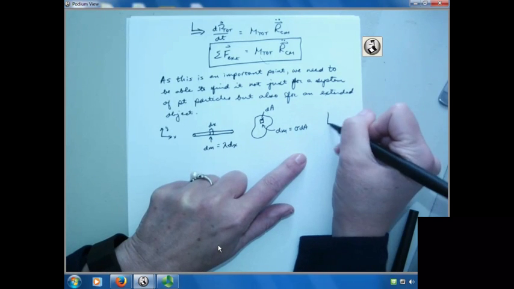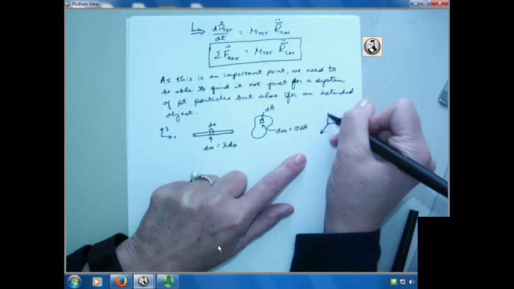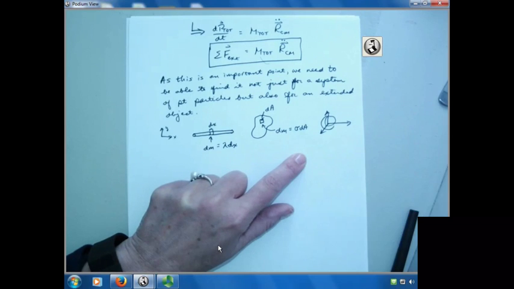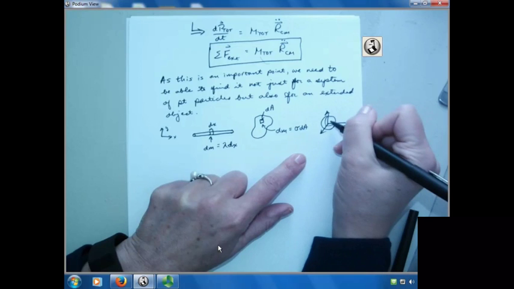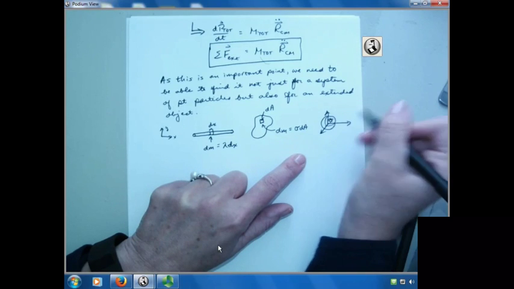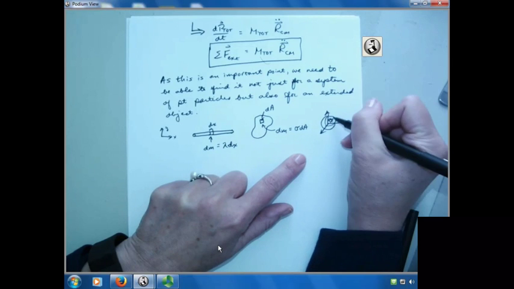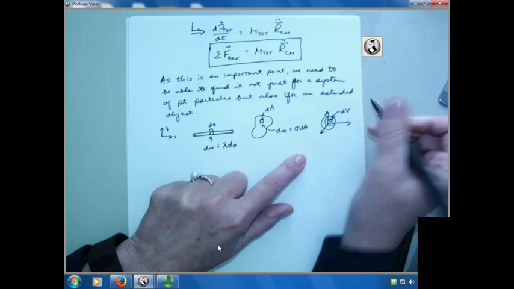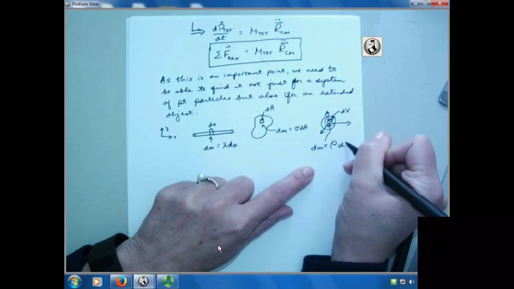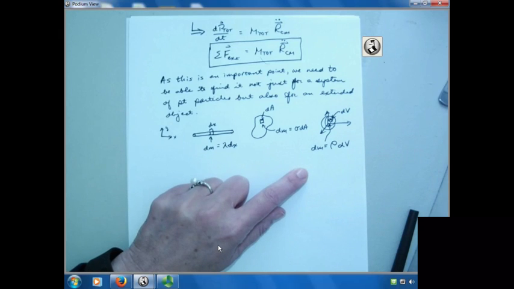And let's say I have something that's more like a person, spread out in 3 dimensions. That's supposed to look like a sphere. In that case, my increment of mass is going to have a volume of dV, and my increment of mass will be equal to rho times the increment of volume.